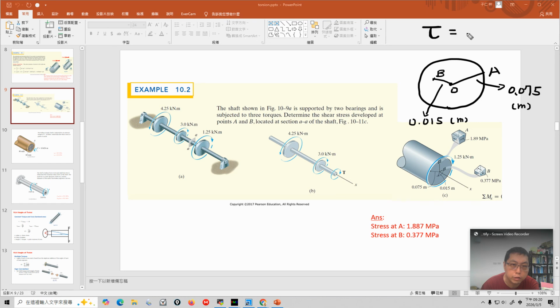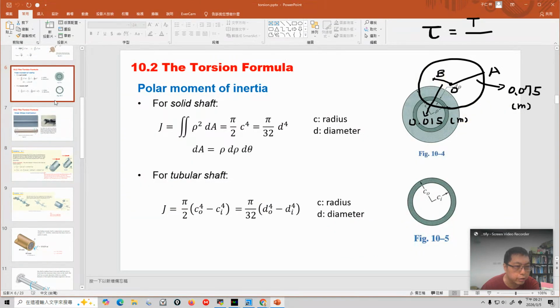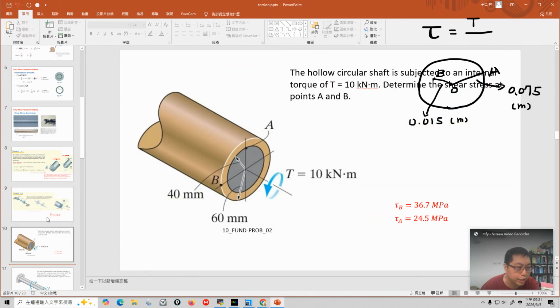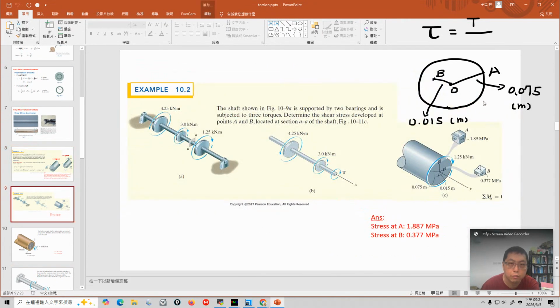The shear stress is equal to T times c, or rho, over J. The textbook uses c or rho. So the formula is TC over J.